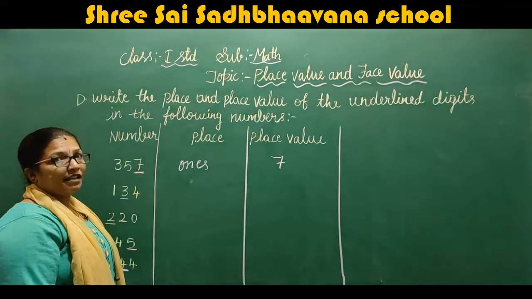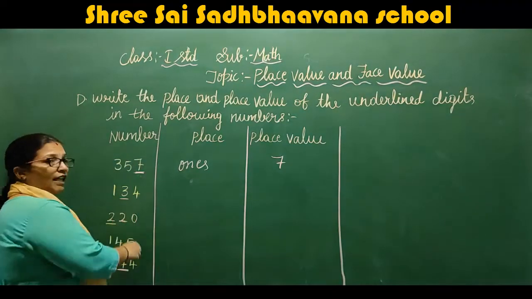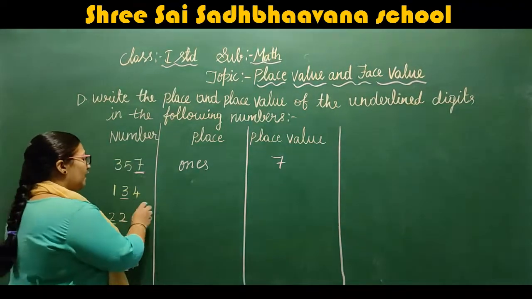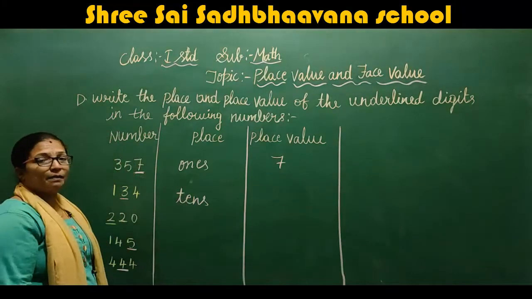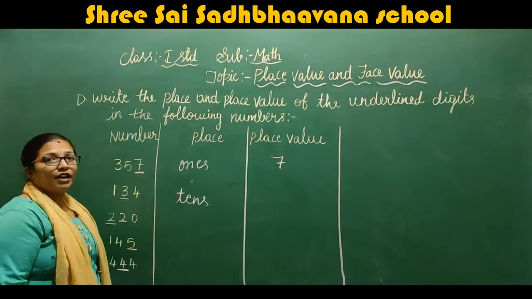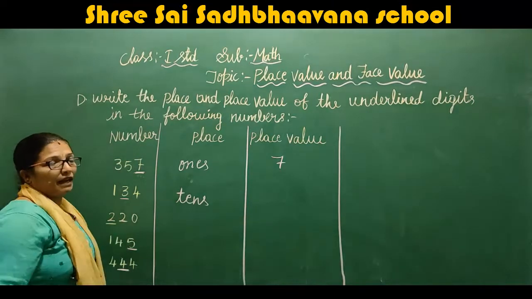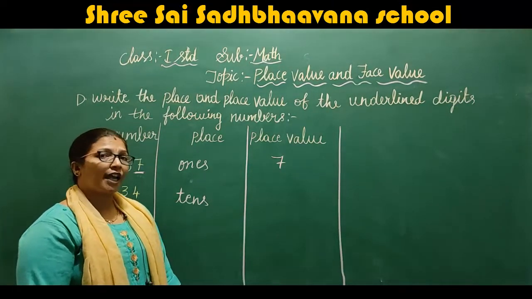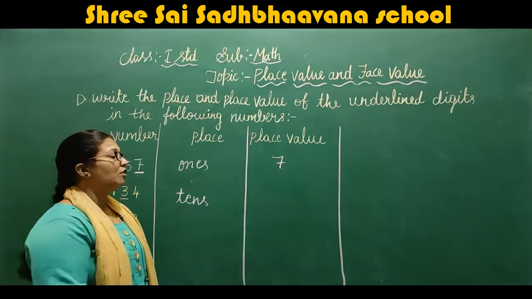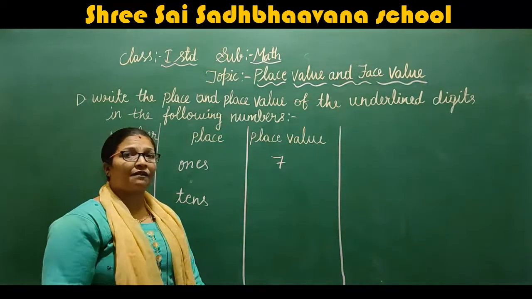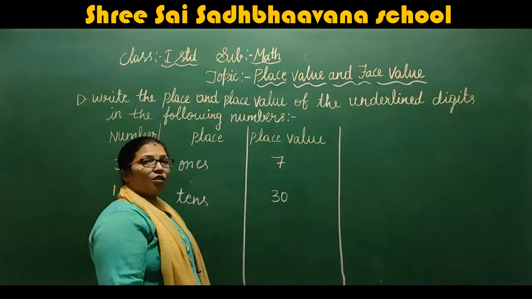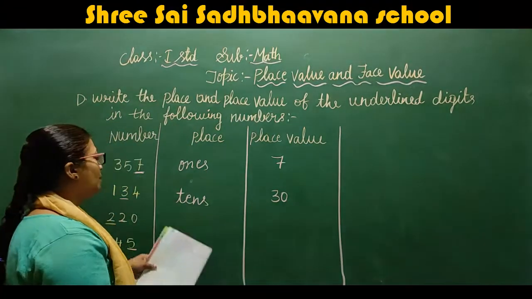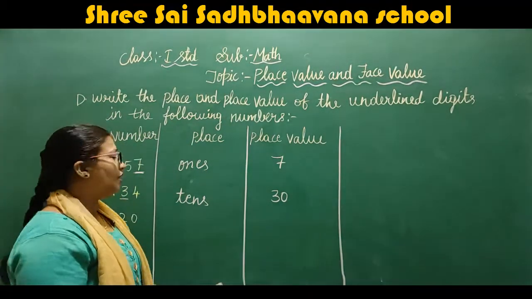In which place is 3 here? 3 is in the tens place. So 3 into 10, 3 tens are how much? 30. The place value will be 30.